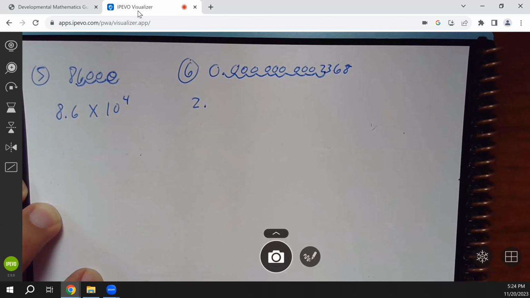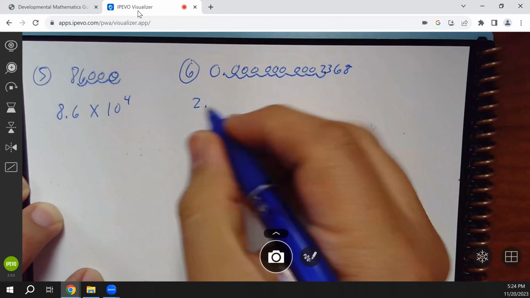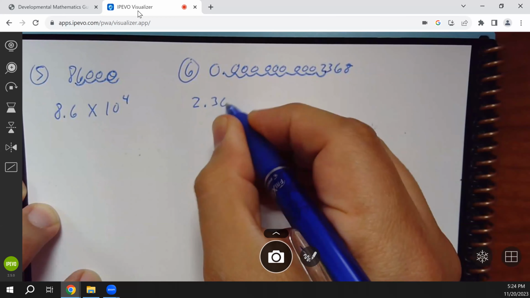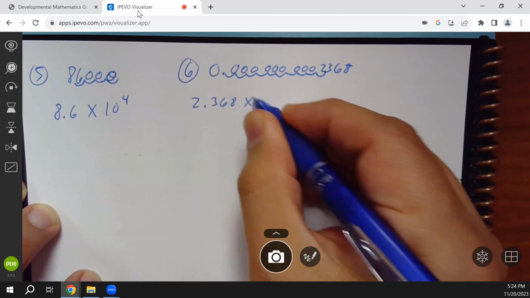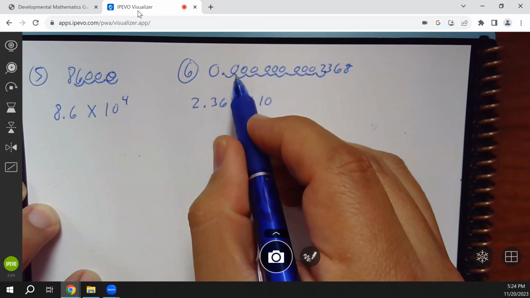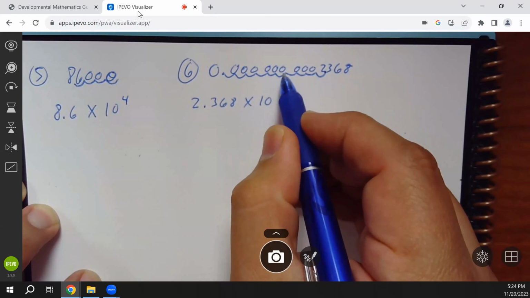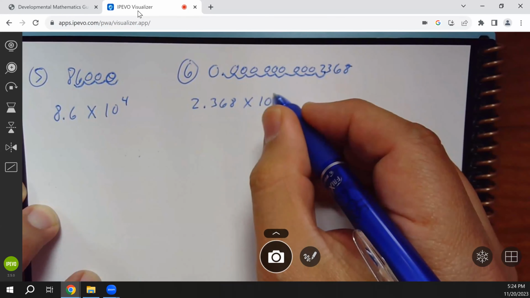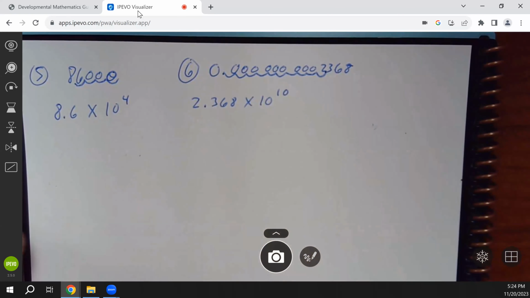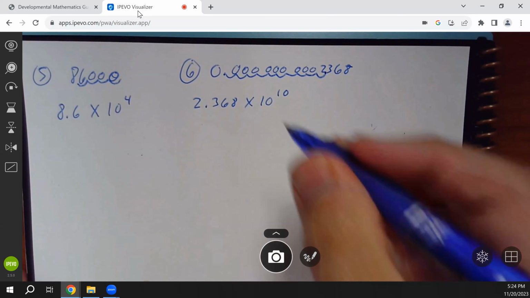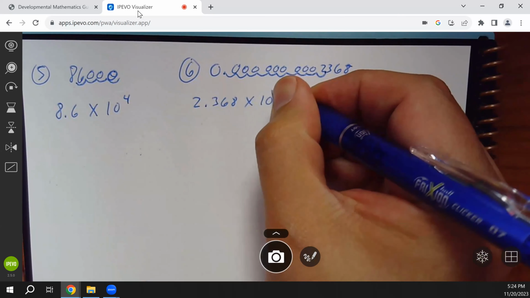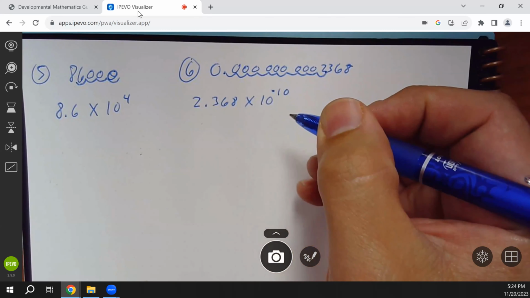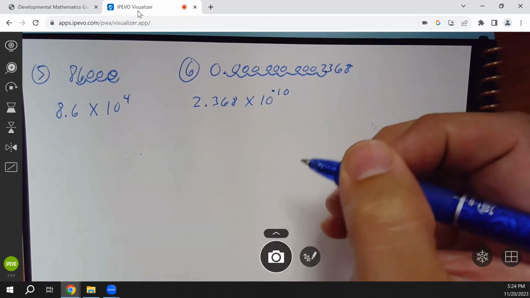And that's what we want to move it. That'll be 2.368 and 10 to the, you're right, is a negative exponent. And move to the left is a positive.